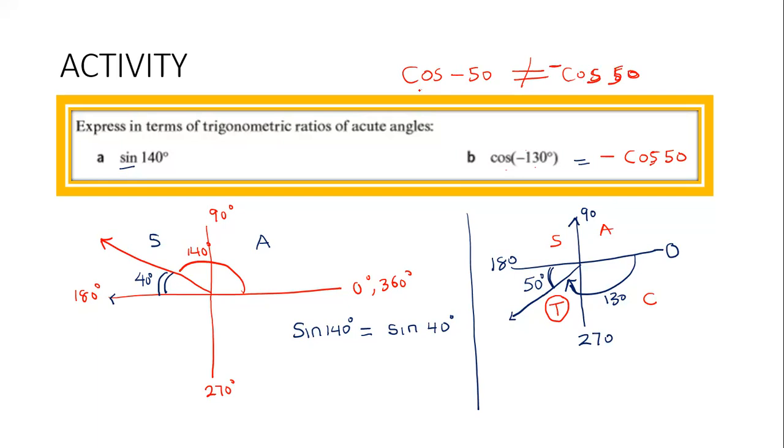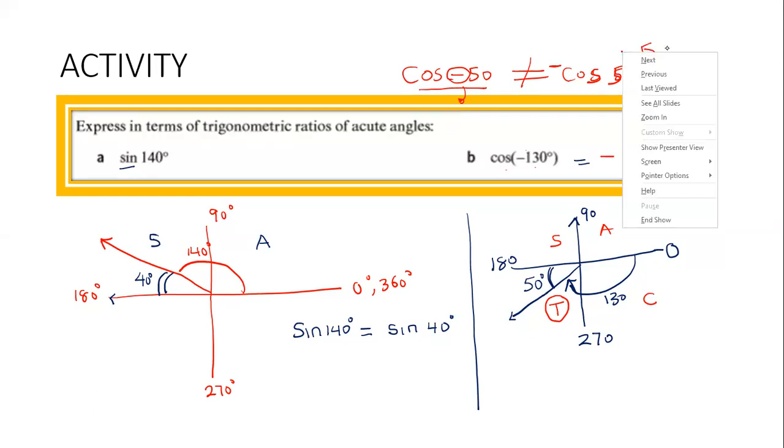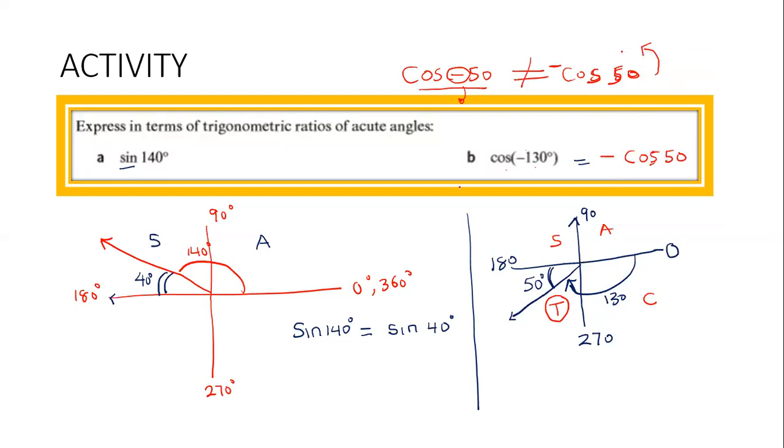This one shows you are moving in negative 50. The negative here means you are moving in the clockwise direction. Negative cos 50 shows you are moving in a positive direction, but you can either be in the second quadrant or third, depending. So they are very different.